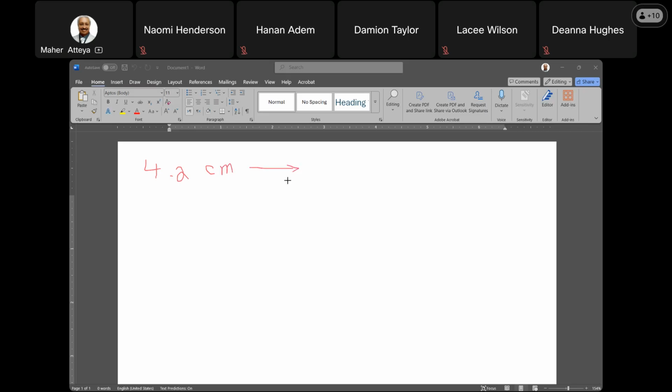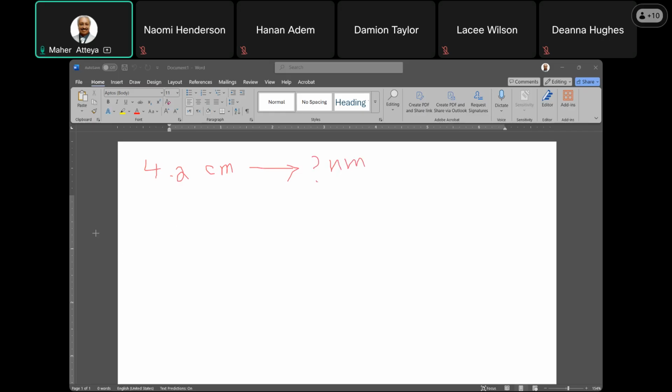I'm converting centimeters into nanometers, with the same basic unit, the meter. So this is the length from 4.2 centimeters to nanometers. How much is it worth in nanometers?